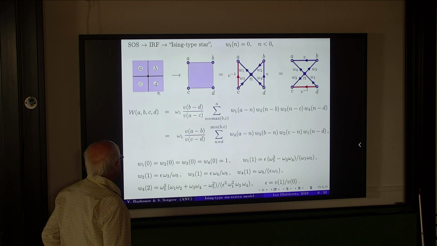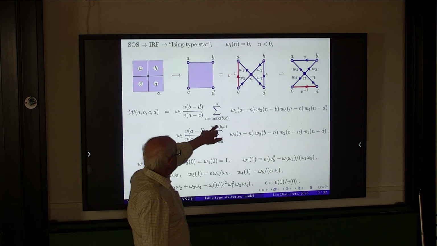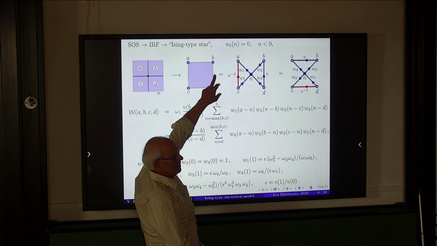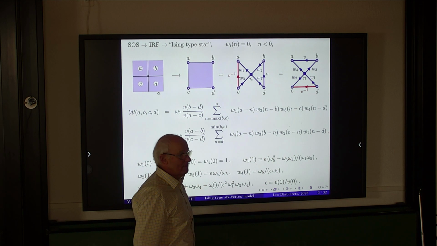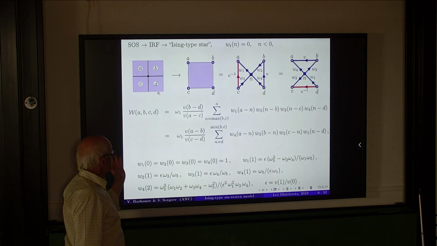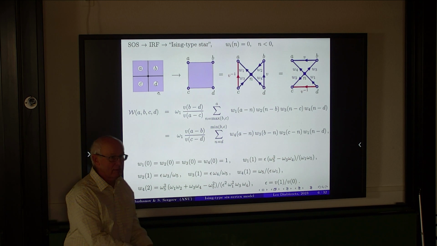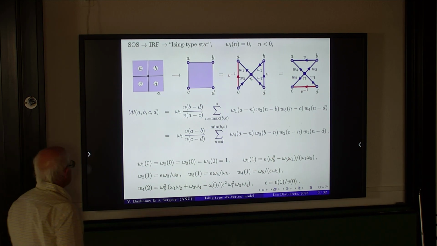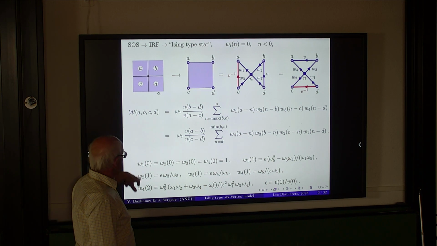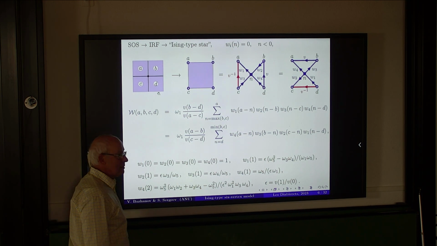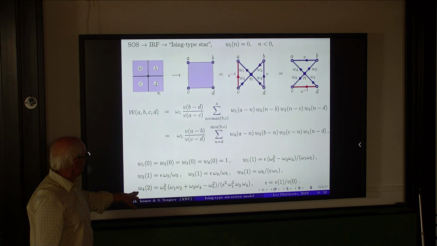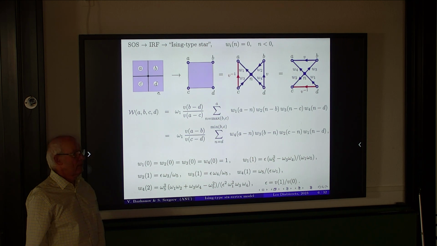Okay, and this restriction of the summation here just comes from that vanishing condition. So you can verify, even taking a piece of paper and a pen, that these 6 weights of the 6-vertex model are reproduced if you take these expressions for the weights.